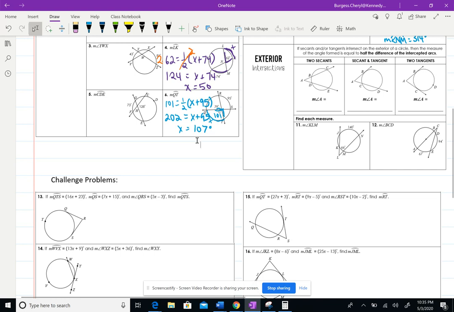So here we have angle A. This is our angle A. And its intercepted arcs are CE and BD. Right? So the measure of angle A is equal to 1/2 of the measure of arc CE minus the measure of arc BD. Okay.